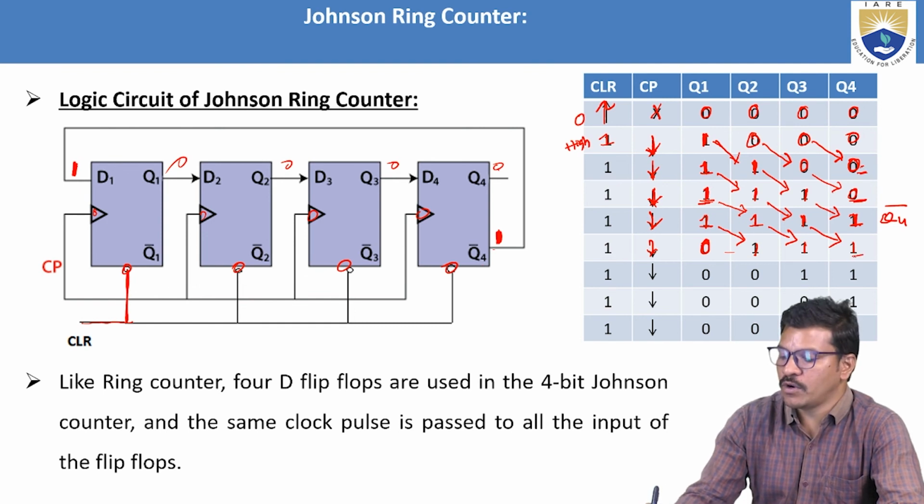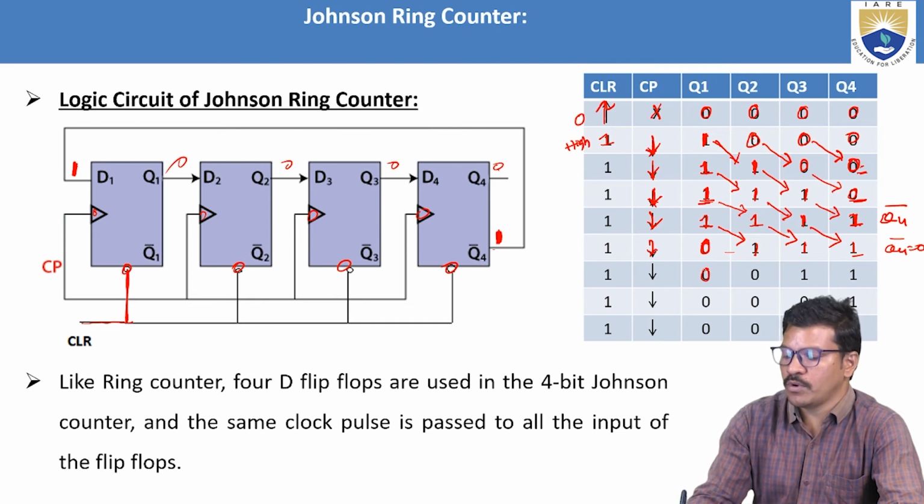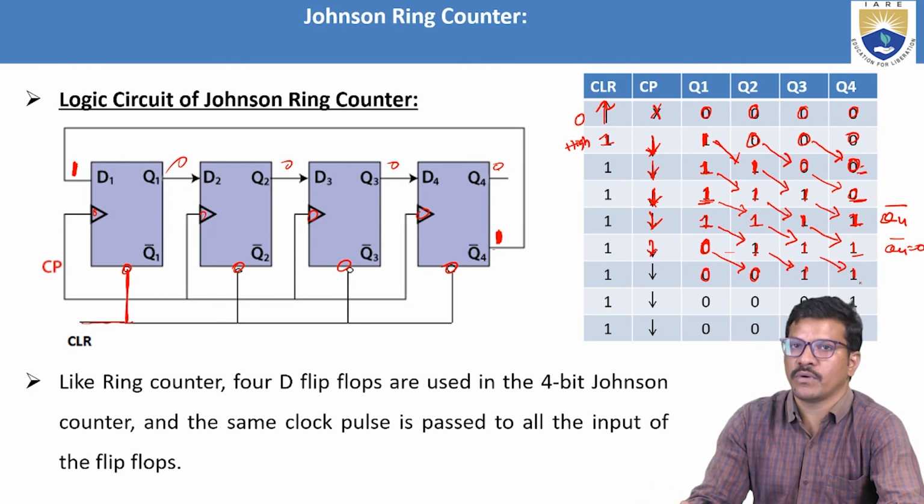Now Q4 is equal to 1, meaning Q4 bar is equal to 0. That 0 goes to the first output, this 0 comes to the next output, and this one comes to the next one, and this one comes to Q4.